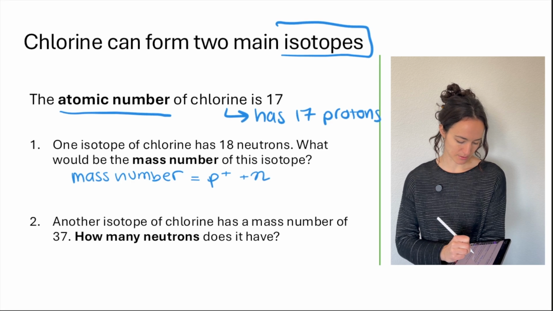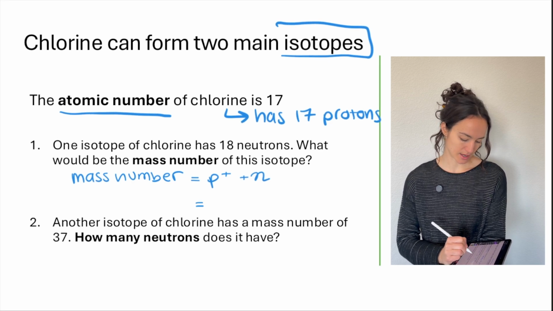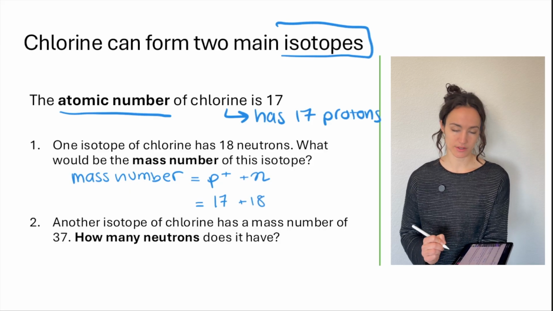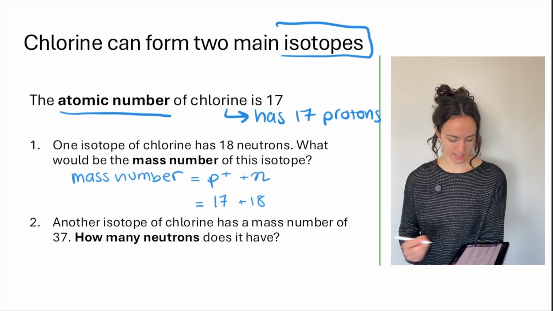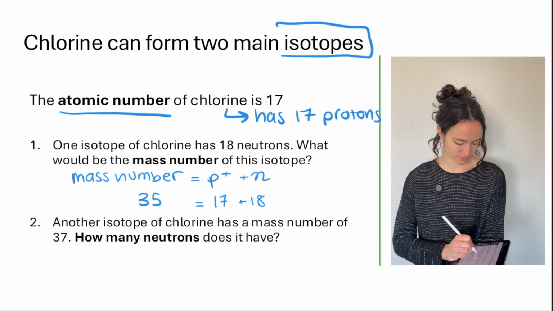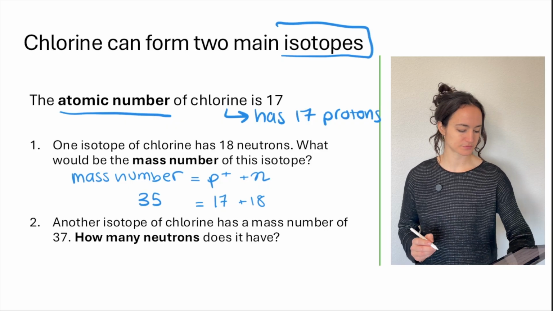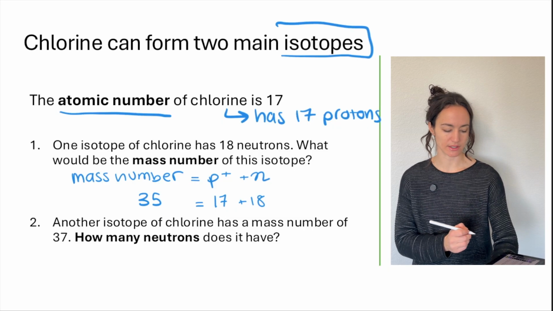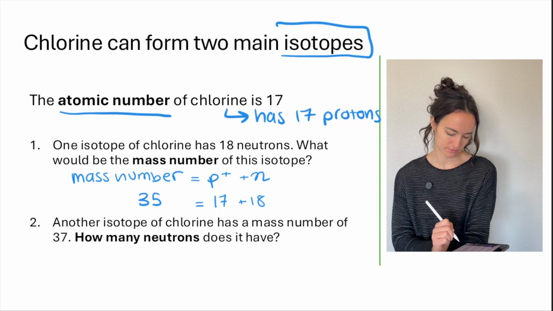I'm looking for mass number. I know that we have 17 protons and 18 neutrons. So what's 17 plus 18? I'm going to get 35. Another isotope of chlorine has a mass number of 37. How many neutrons does it have?